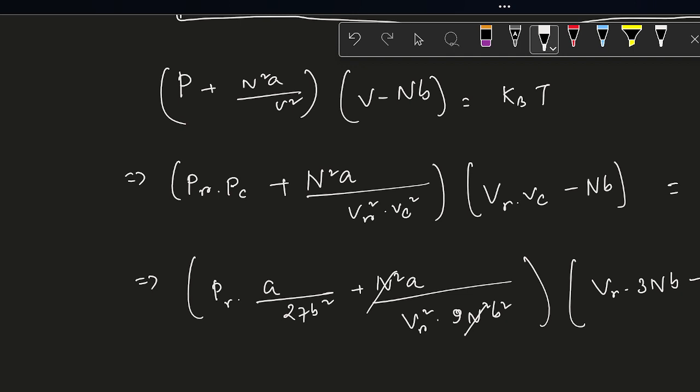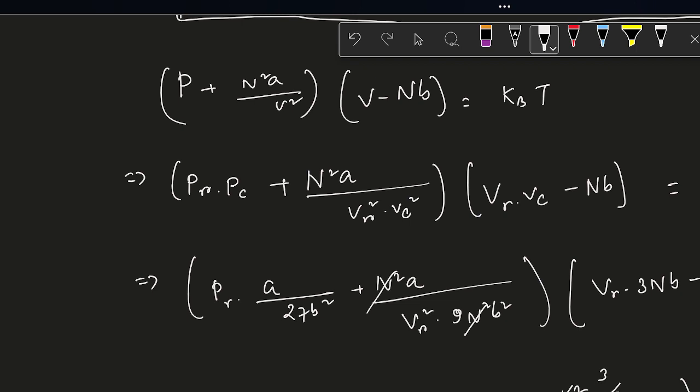So the first term is only PR, plus the second term will be, this was initially 9 over VR squared, times B squared. Now because we have taken this constant term out, to adjust for that we multiply by the same term. In this case this cancels out, this cancels out, and 9 over 27 is 1 by 3.